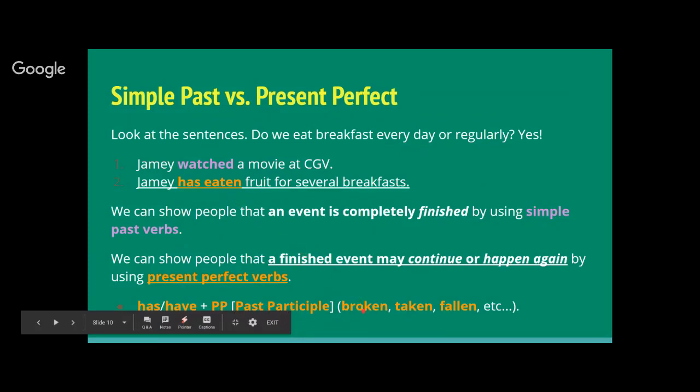So has eaten, has broken, has taken, have fallen, anything like that. Of course, these are irregular verbs. We could say has watched, and that would also be PP. But anyways, these present perfect verbs show that eating breakfast, in this case, will happen many times or may continue to happen.